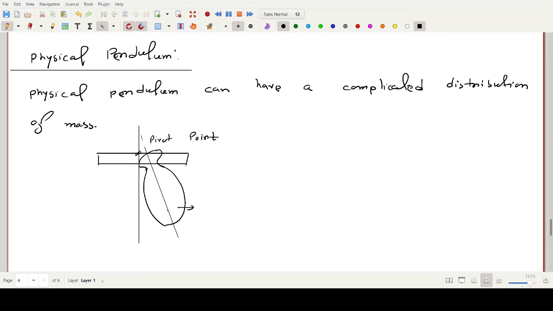Now let's say this is the center of mass of the system. So actually we can now consider the center of mass as the bob of this pendulum. So let's say this is at a distance h from the pivot point.